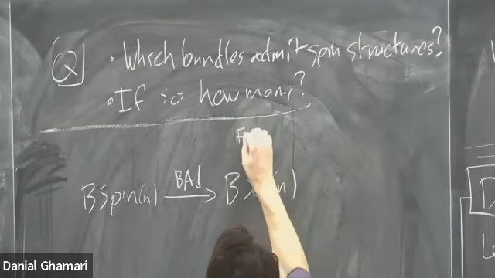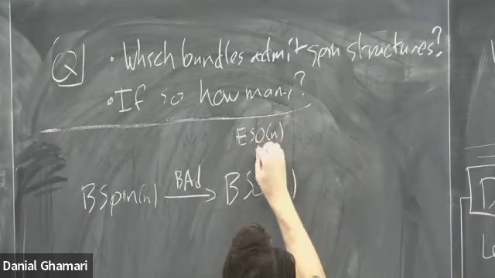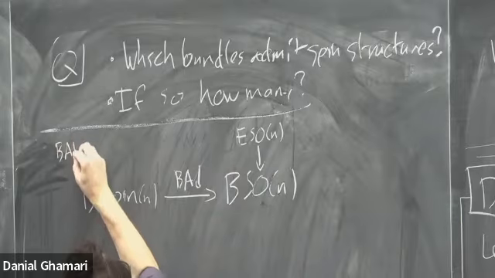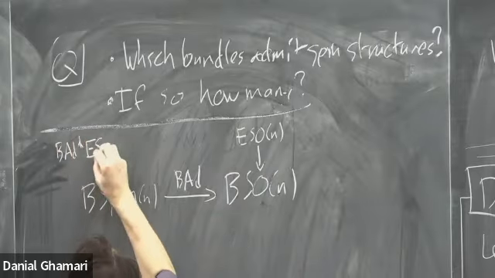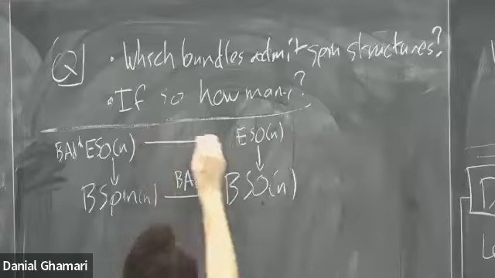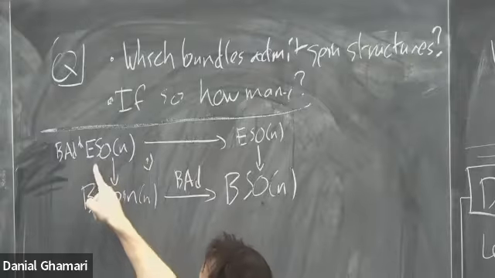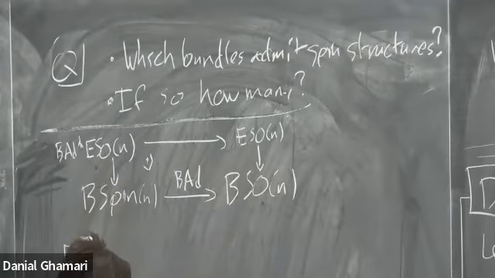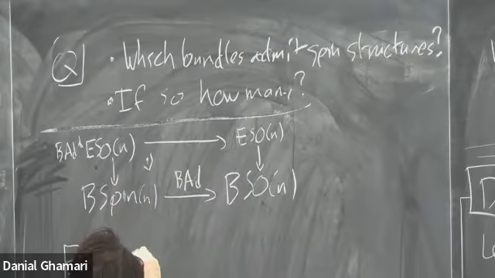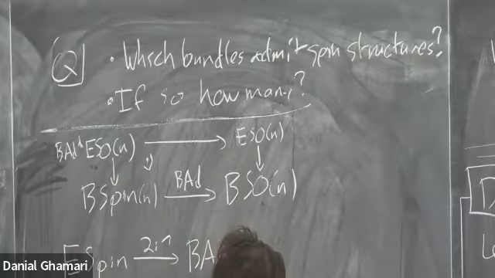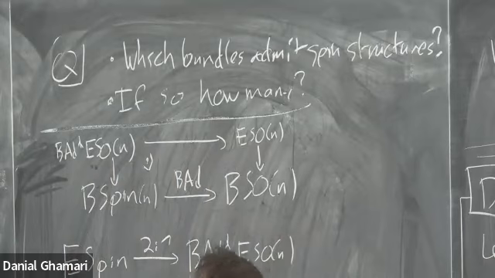So if you take the universal SO N bundle and pull it back, crazy notation, I apologize for this, this thing is a principal SO N bundle, and we have E spin double covers this pulled-back principal SO N bundle. So in fact, this here is the universal spin structure.